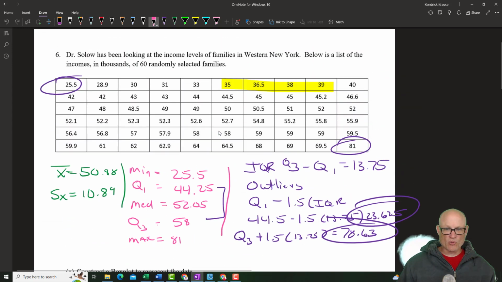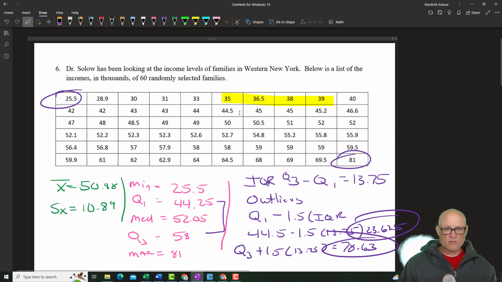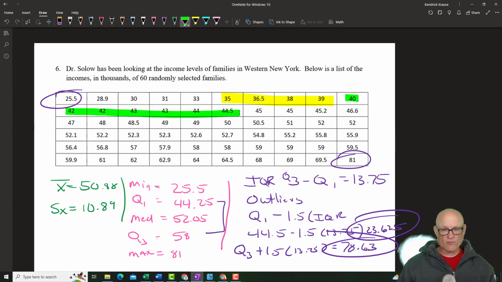40 to 44. Well, that's a lot. 40 to 44.9. So it's 1, 2, 3, 4, 5, 6, 7.